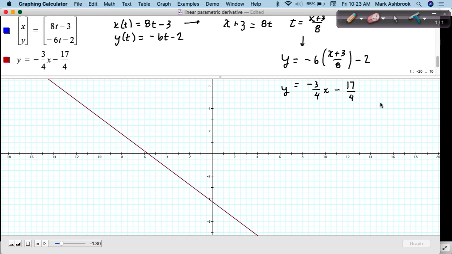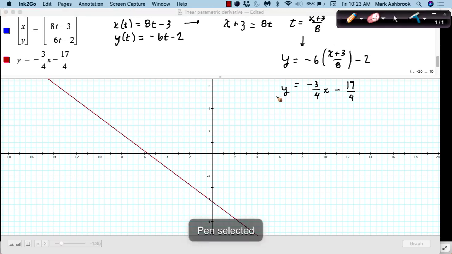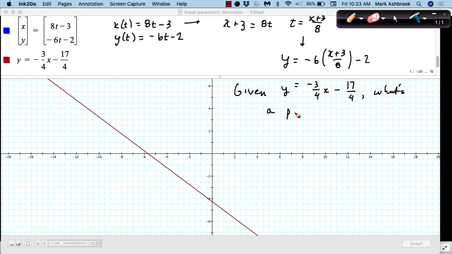Okay, now suppose we had started with this equation and we wanted to write it parametrically. Now look at what we started with.